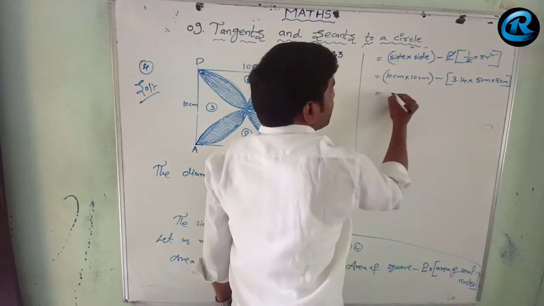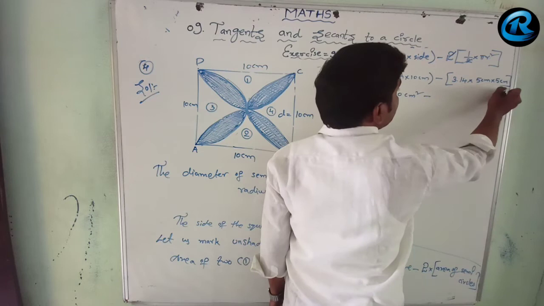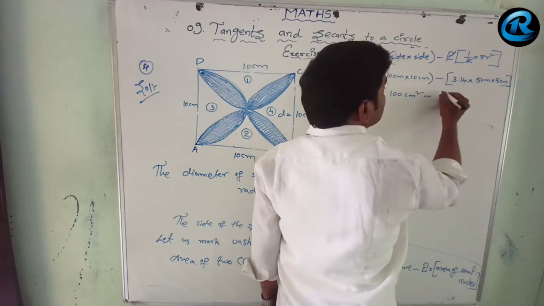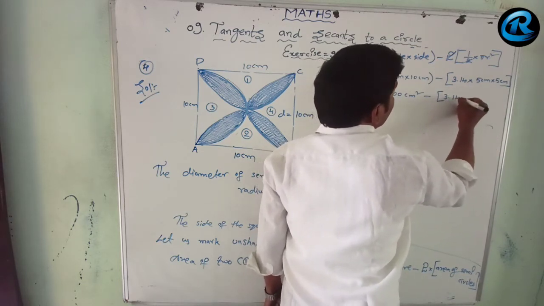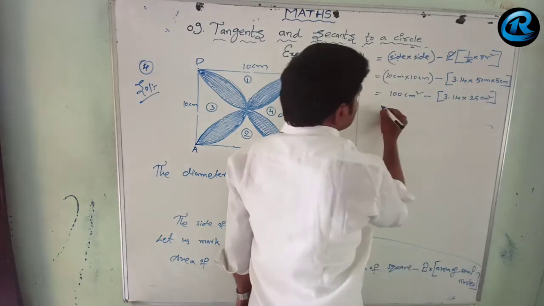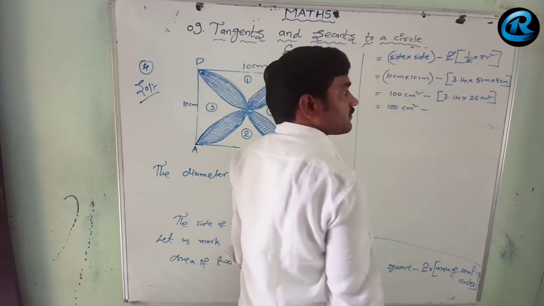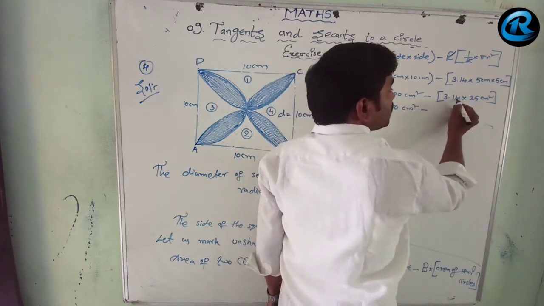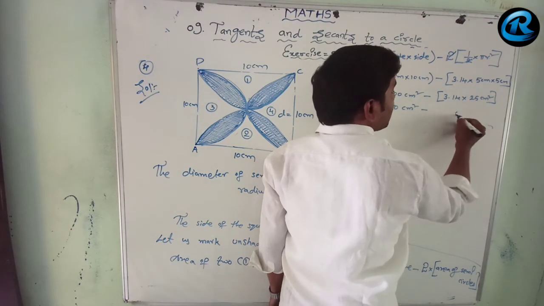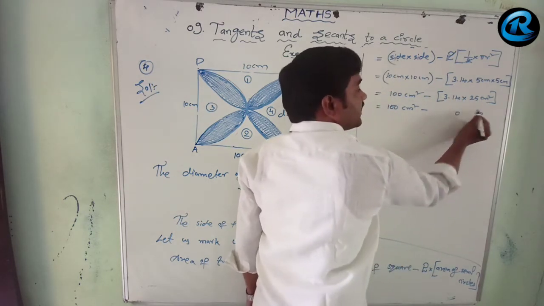So 5 centimeters into 5 centimeters. Here 10 into 10, 100 centimeter square, minus 5 into 5, 25, into 3.14 centimeter square. Let us find 25 into 3.14. 25 into 4 is 100, so 10 carry. 25 ones are 25 plus 10, 35.